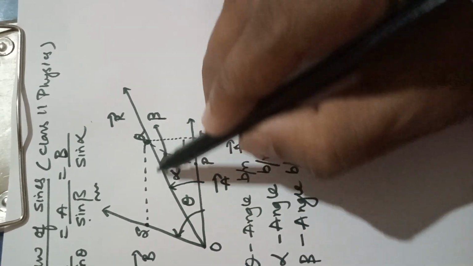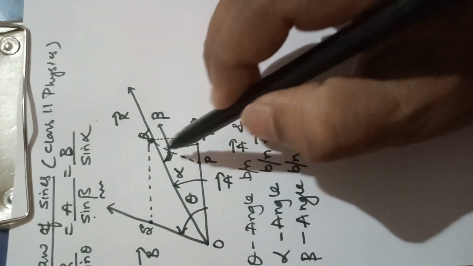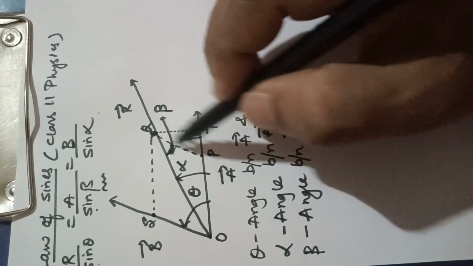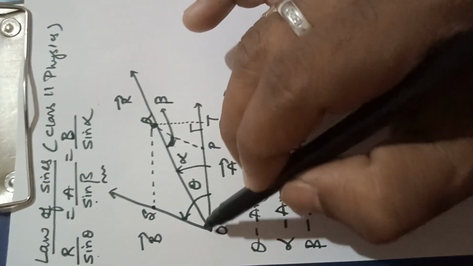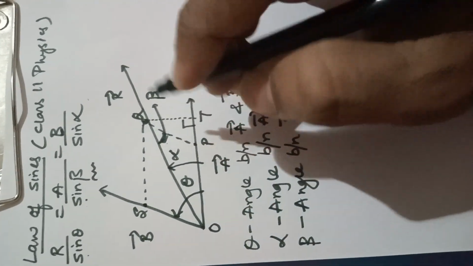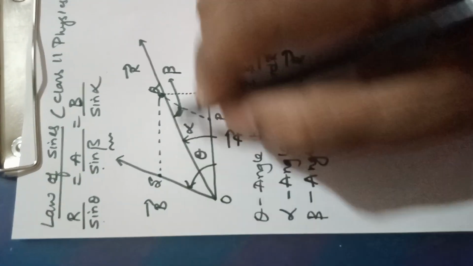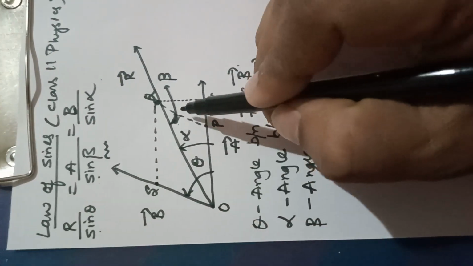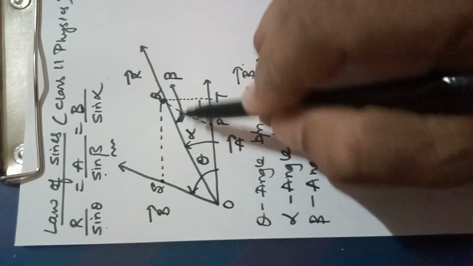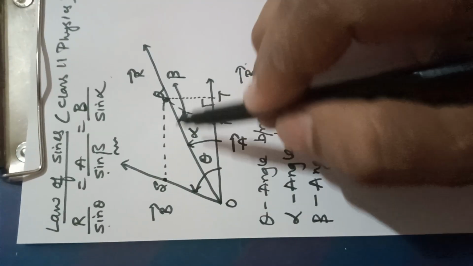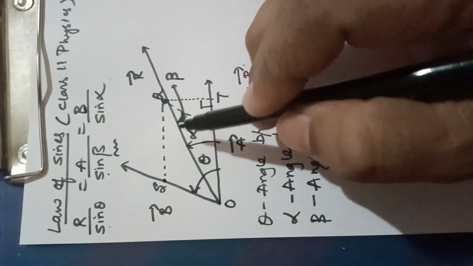Now how can we say this is the angle between resultant vector r and vector b? Vector b is here, but you observe that PQ and OS are equal to each other. How can we say that? Because PQ and OS are the opposite sides of a parallelogram, and we know that opposite sides of a parallelogram are equal.